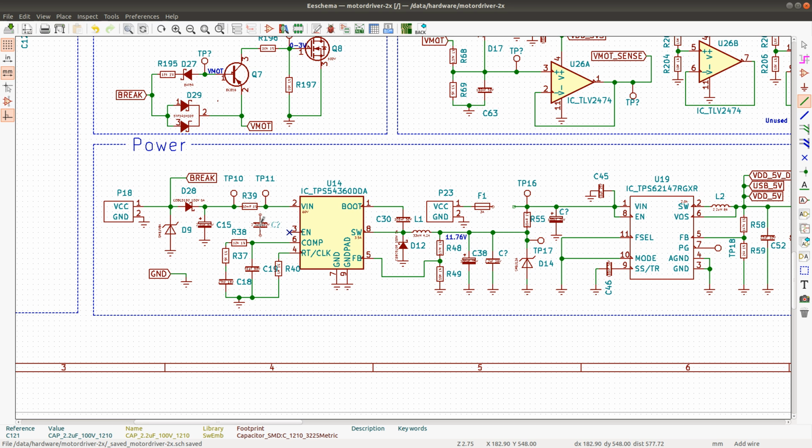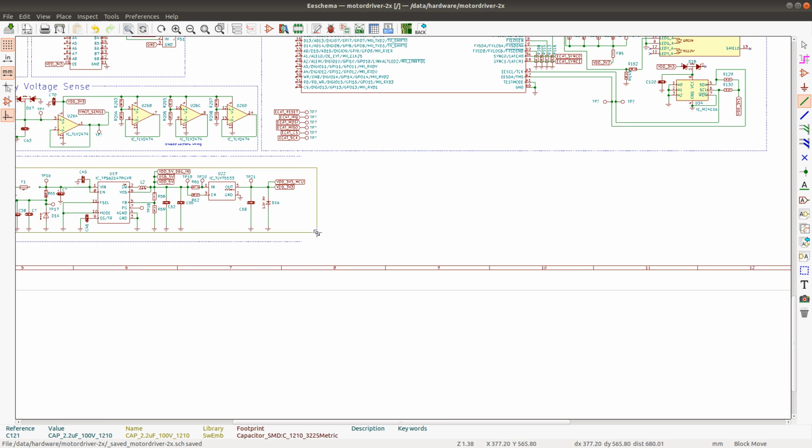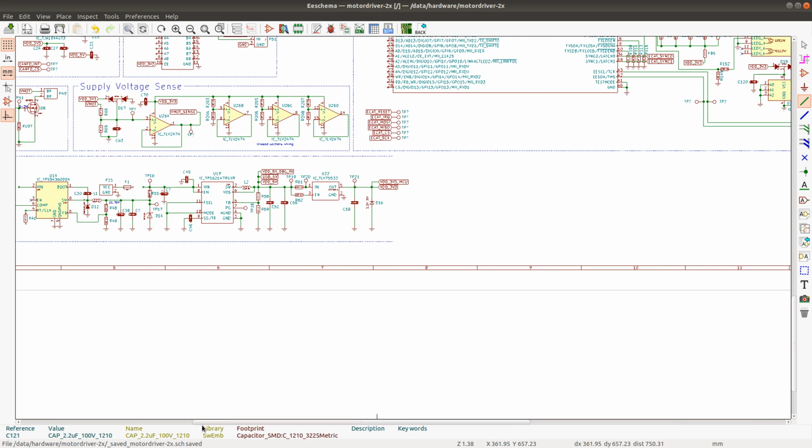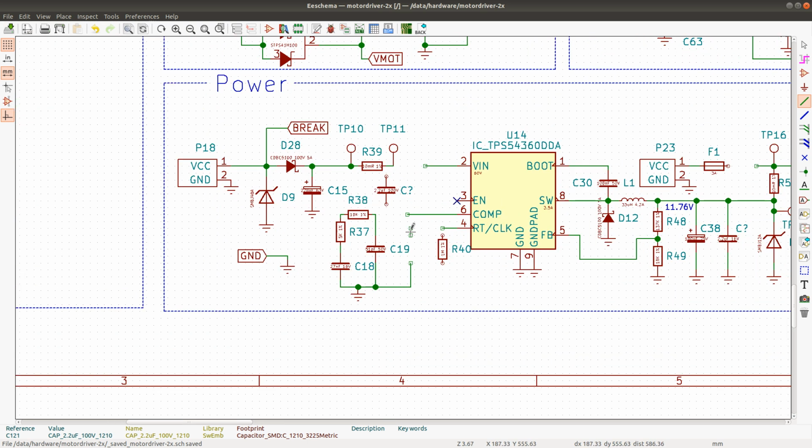Let's see. So I'm gonna have to move this out a little bit. Okay, very important to make sure that this is connected.